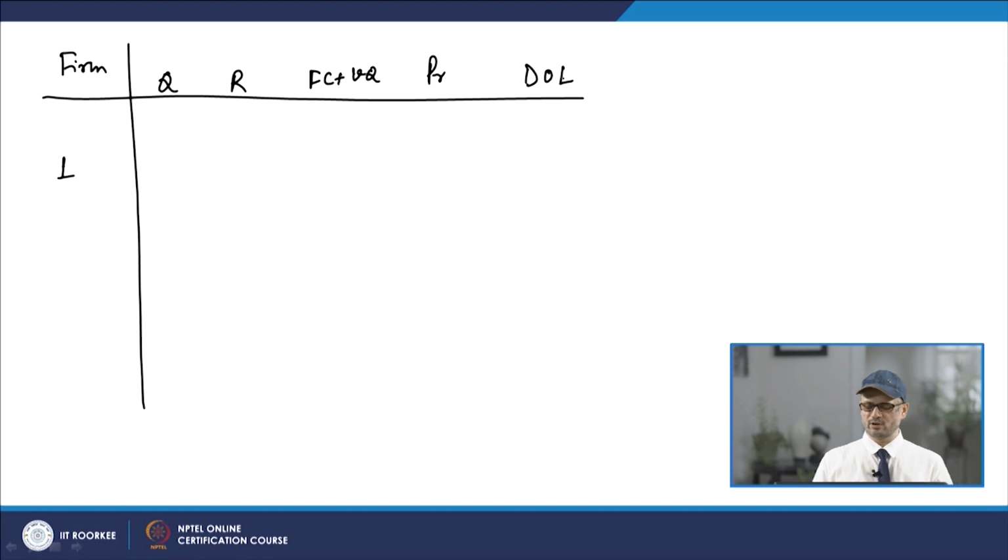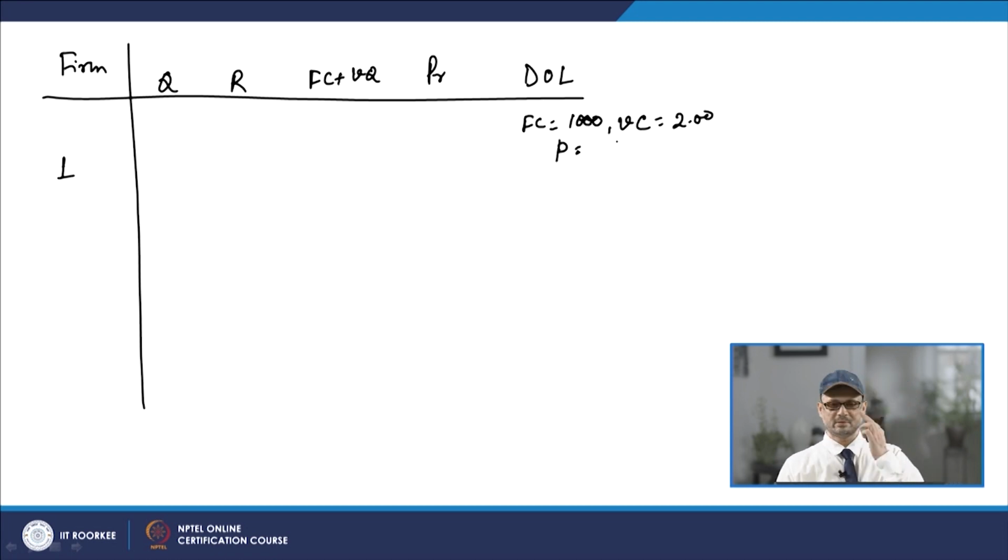So, suppose for firm 1 you are taking the fixed cost as 1000, the variable cost per unit VC as 2, and the price of this item as $3. So, this is your 3.